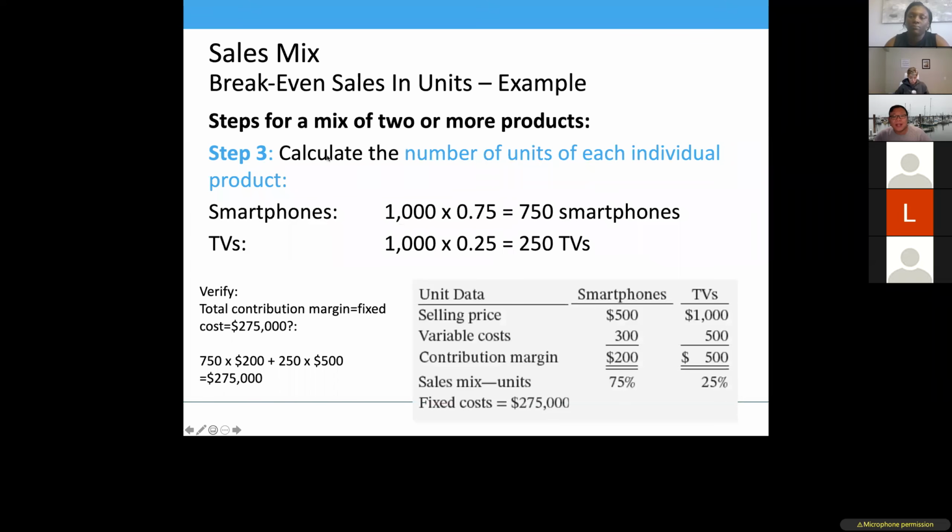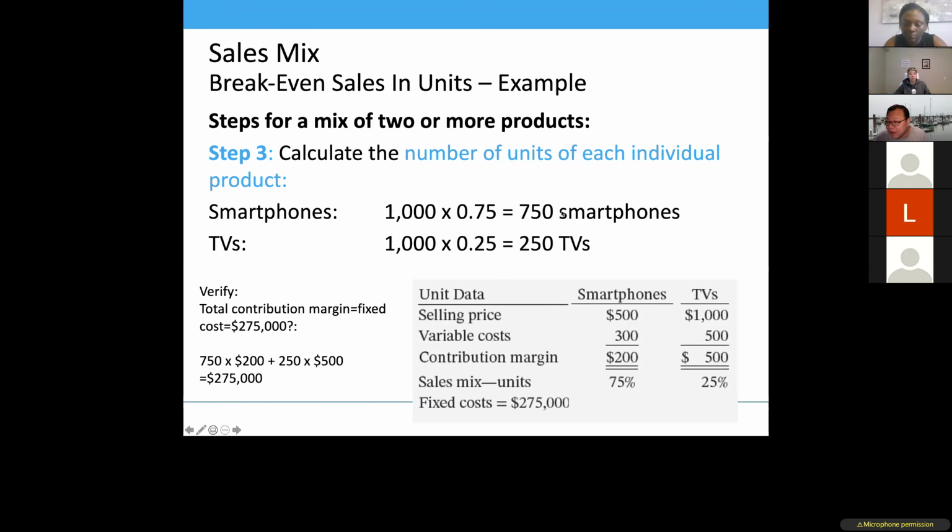Step 3, you figure out the number of units for each individual product. In total, there are 1,000 units, but 75% of that is smartphones. So 1,000 times 75% gives you 750 smartphones. And for TVs, 1,000 times 25%, that's the sales mix, so you have 250 TVs.